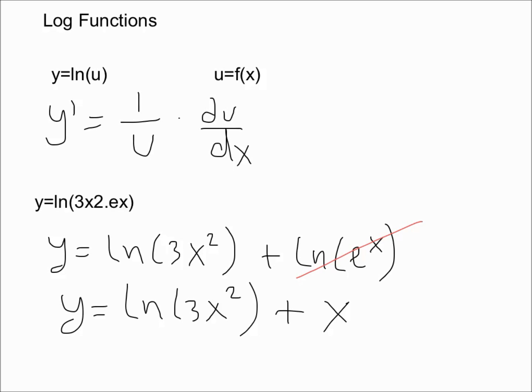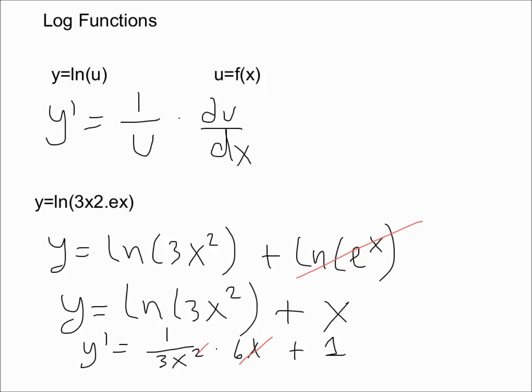So y prime is going to be 1 over 3x squared, that's our u, times the derivative of that, which is just 6x, plus the derivative of x, which is 1. And finally we simplify.